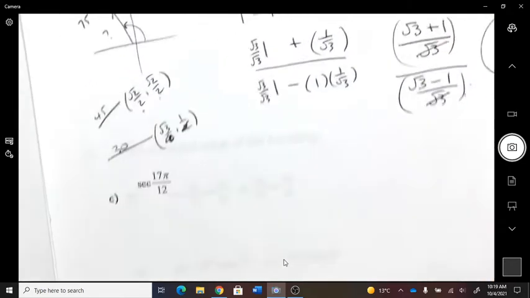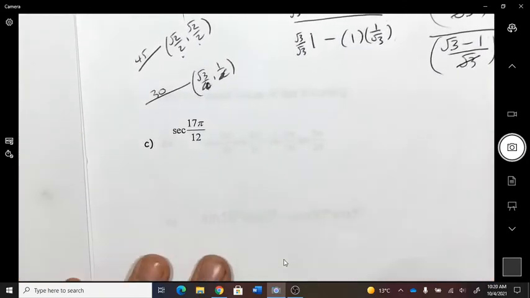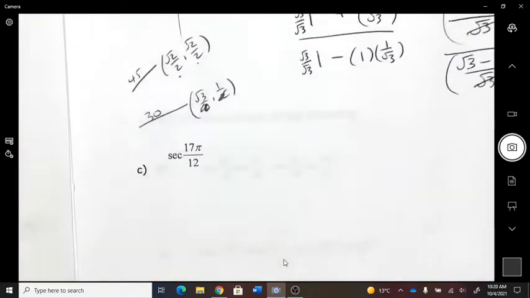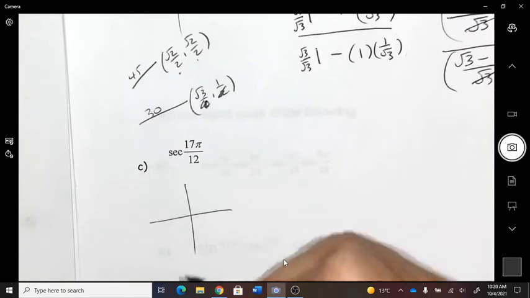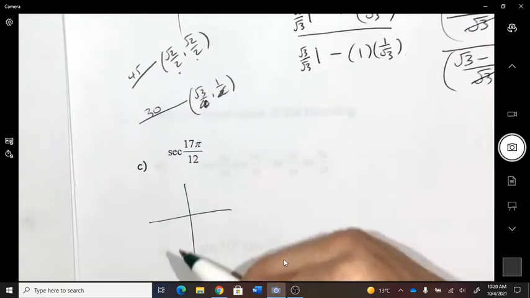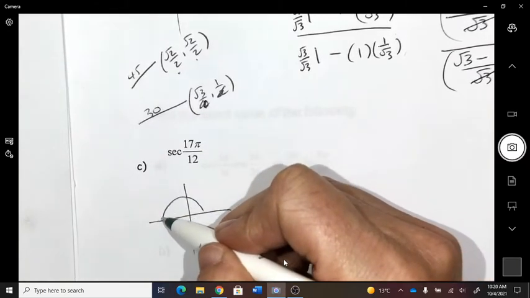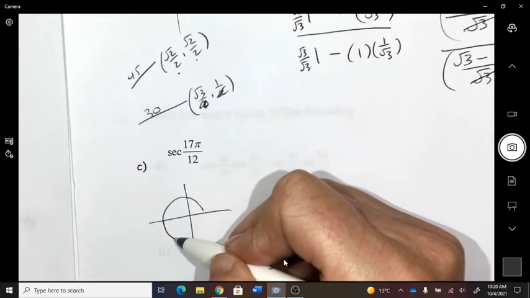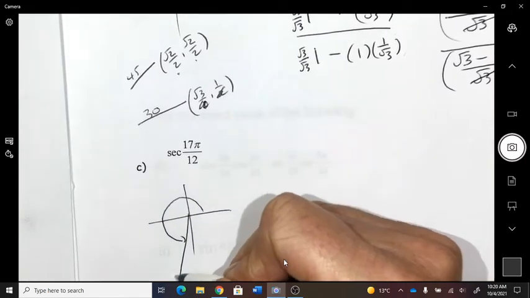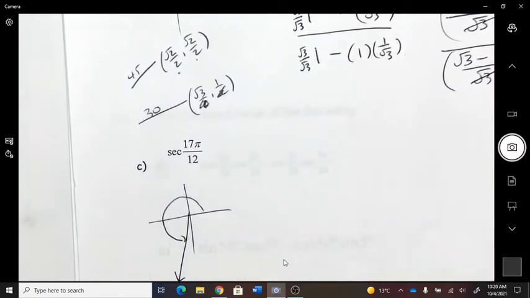Okay, the last one here. Okay, can you draw me that angle? 17 over 12. 12 over 12. 17 over 12.